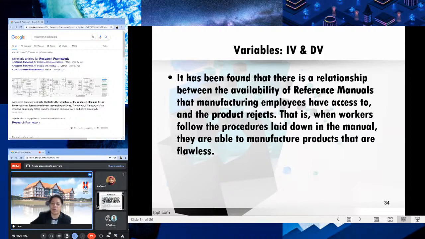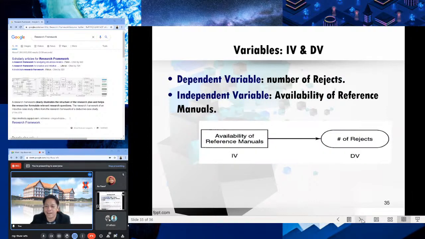This is another example, when the worker follows the procedure. The relationship is between product reject and access to the reference manual. The dependent variable is the number of rejects. The independent variable is the availability of the reference manual. Can you see the pattern, the differences? I think it's quite straightforward.